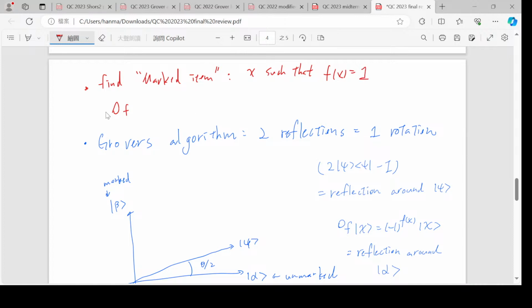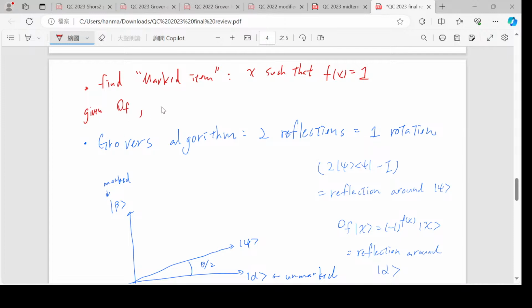And given Of, so now we're back to oracle world. Of does things like this. It's a phase version of the oracle because we only need the phase version. So Of applied on computational state x gives you minus 1 to the f of x times x.